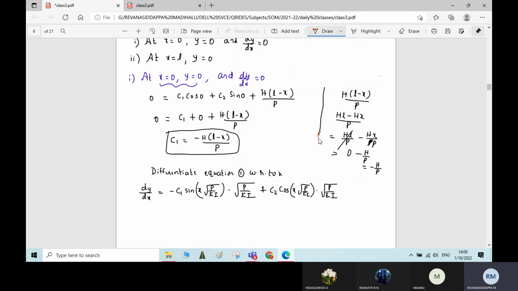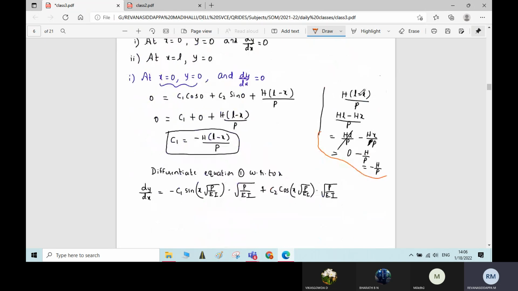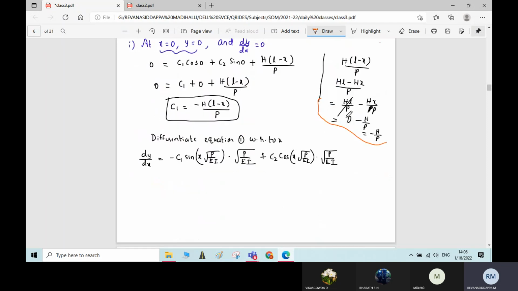Understood, students? Differentiation of this third term: I have written it separately to help you understand, h into L minus x divided by p. First I multiplied the L minus x term with h, and got hL minus hx whole divided by p. Now I split the equation, getting hL by p minus hx divided by p.